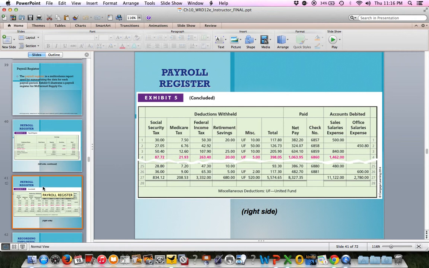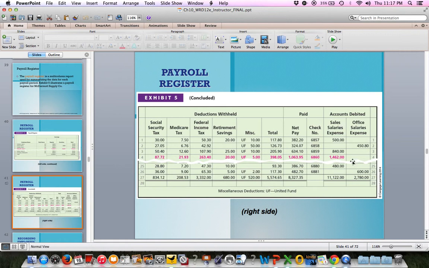And then from that, we have to, of course, withdraw all the deductions. So for each of those same employees, we're withholding based on a percent, 6% for Social Security, 1.5% for Medicare. Their federal income tax deducted depends on their bracket plus their withholding status, how many dependents they have, married, single, and so on, how much the employee wants to set aside for retirement, how much they want to set aside for United Fund, and basically all the deductions, the net pay for each employee, the paycheck number used to pay that employee, and then basically the account's debited.